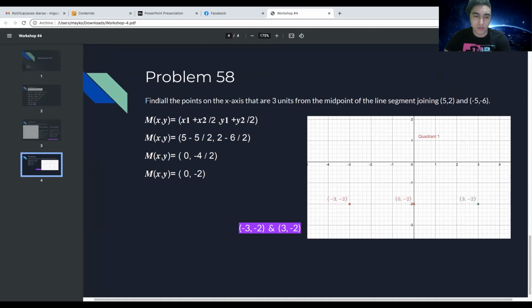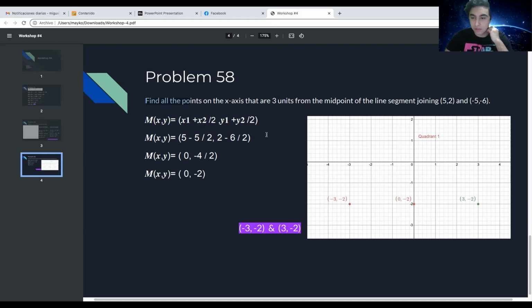Okay, so it says right here to find all the points on the x-axis that are 3 units from the midpoint of the line segment joining 5, 2 and minus 5, 6. So here we should have another point right here and another point right over here, I think, right? And so what we did was to get x1 plus x2 divided by 2 and y1 plus y2 divided by 2.